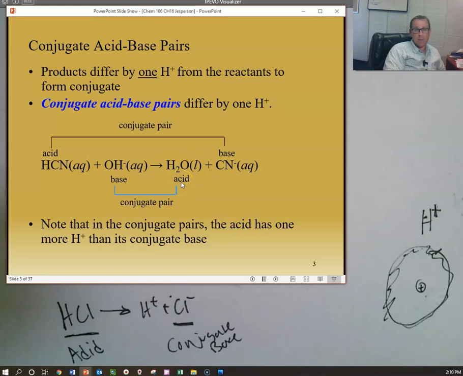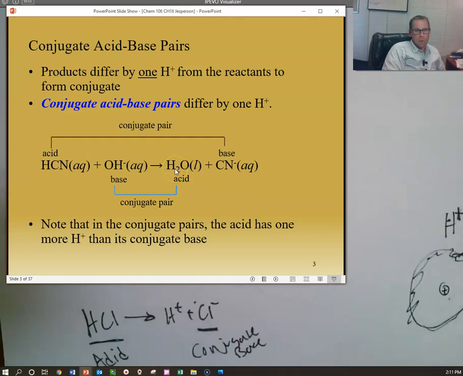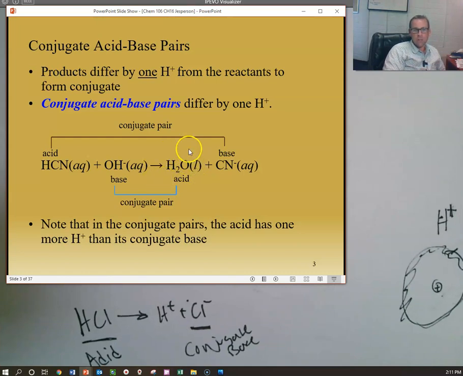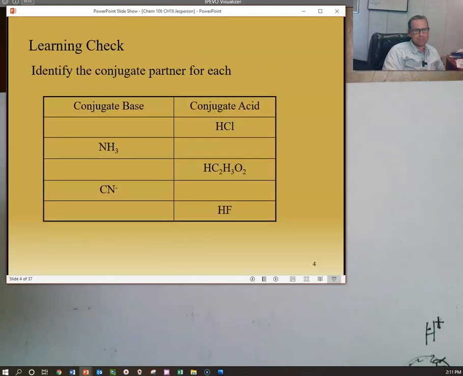However, in this reaction HCN is giving a hydrogen ion to the hydroxide ion to form H2O. That isn't really a reversible reaction, but you can have reversible reactions where the water molecule will give a hydrogen ion to the CN minus ion, and so water can act like an acid, since the definition of an acid is that it donates a hydrogen ion, okay? And we'll see other examples of that as well.